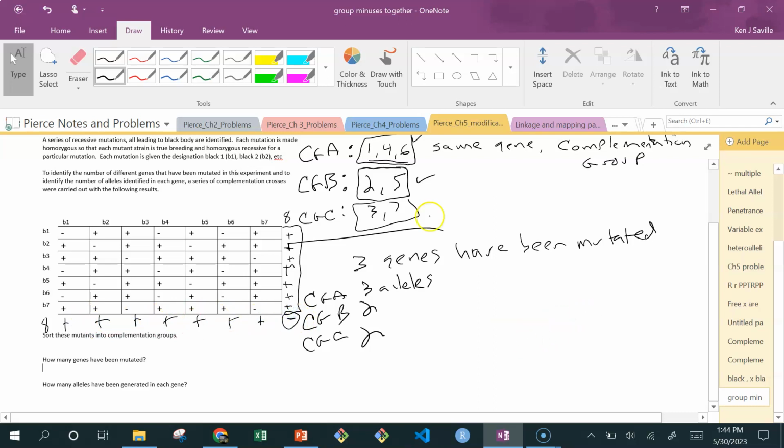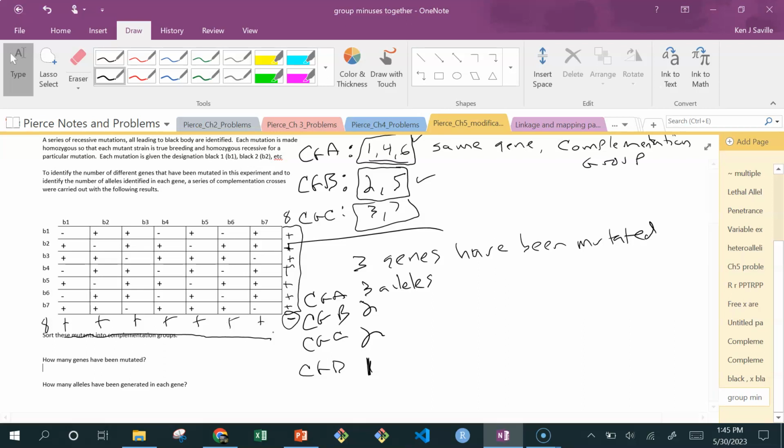So that would mean that we have a 4th gene with only 1 allele, because we've only got 1 mutation that is in that gene. It's different than all the others because it complements all the others, but it can't be different than itself, right? Because that's kind of the definition of being yourself. It can't be different. So if there was an 8th one, then we would say there are 4 genes, 3 alleles, 2 alleles, 2 alleles, 1 allele for the last one.